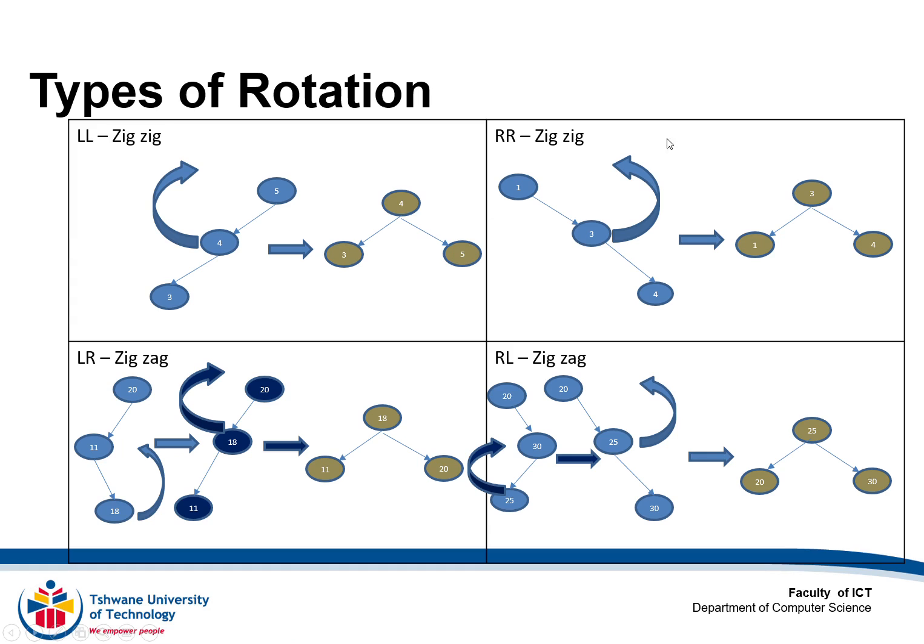By doing that, this will push 1 down to be a child of 3, and 3 will become the root node, and 4 will remain where it is, effectively giving you that. That is pretty simple. So the LL and RR are basically a mirror reflection of the other, one just addressing a left skewed and the other the right skewed tree.